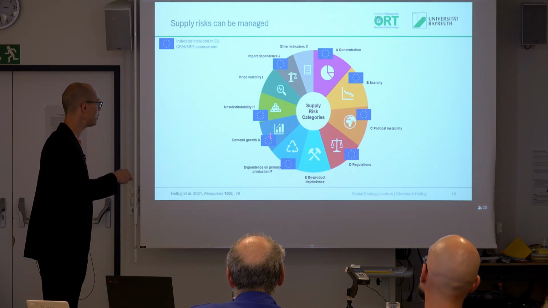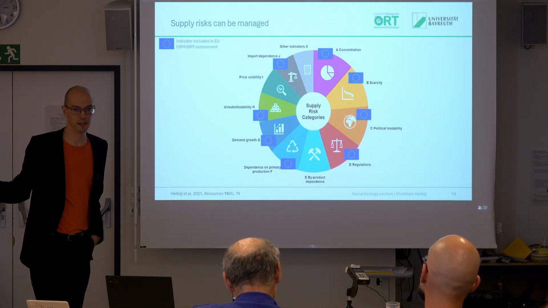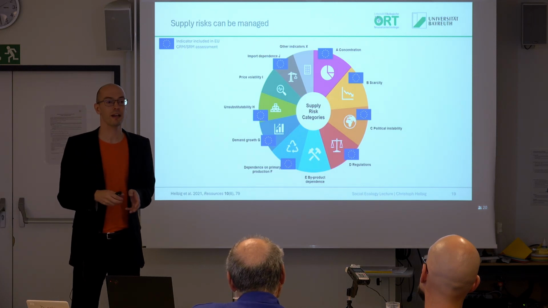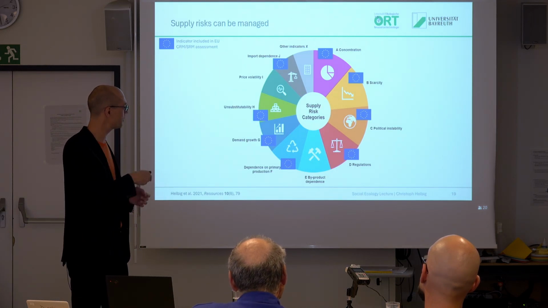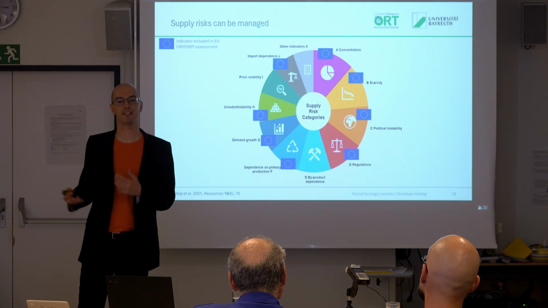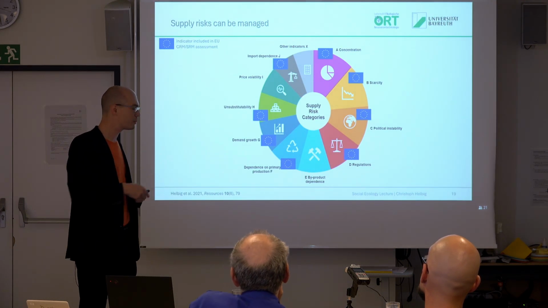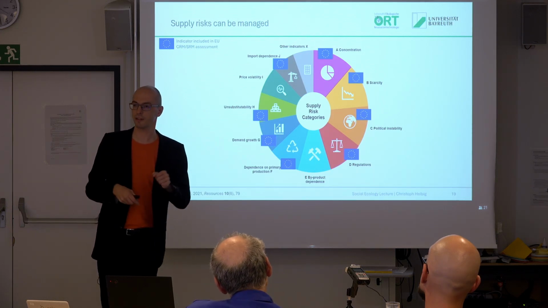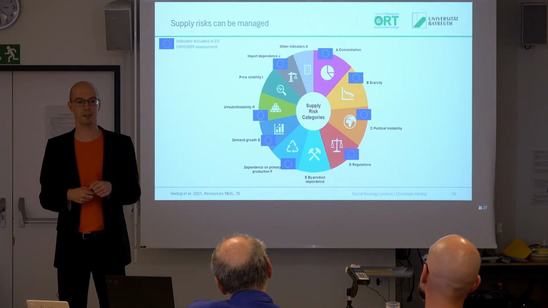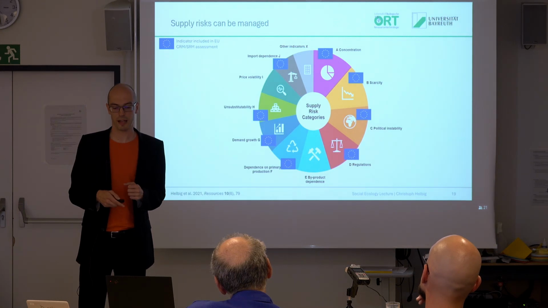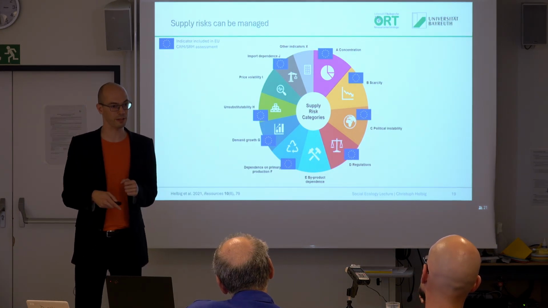These are the 10 most used supply risk aspects in a variety of supply risk assessments. And I put a European flag everywhere where the European Commission, in some of their assessments, either critical raw materials or strategic raw materials, has made an assessment of that material.